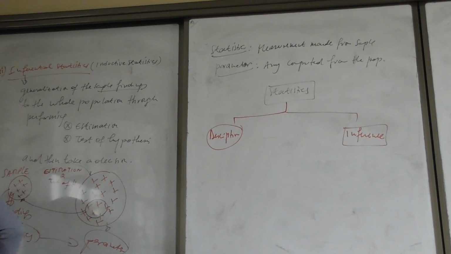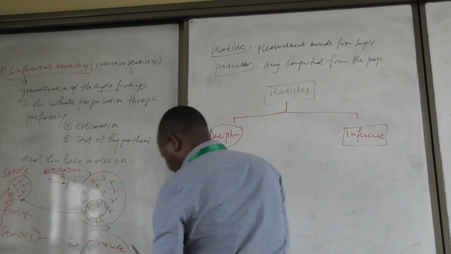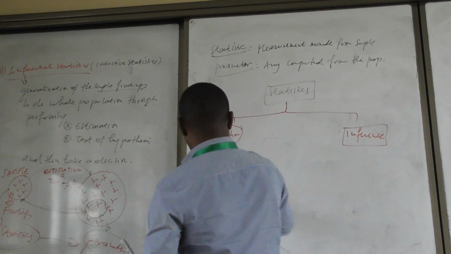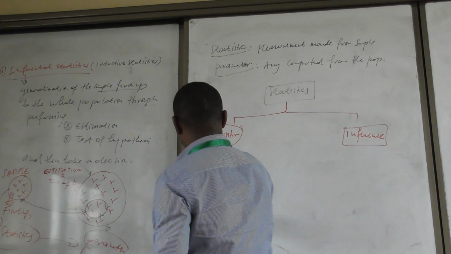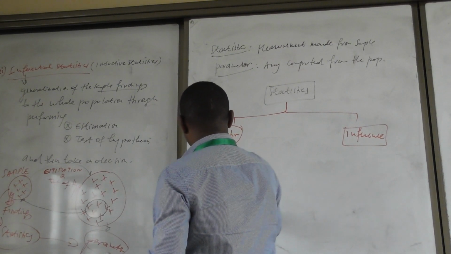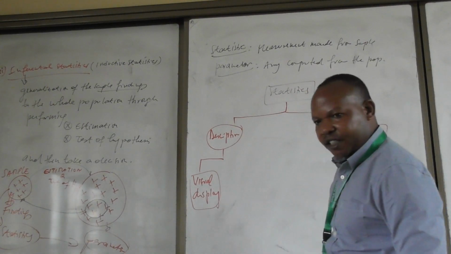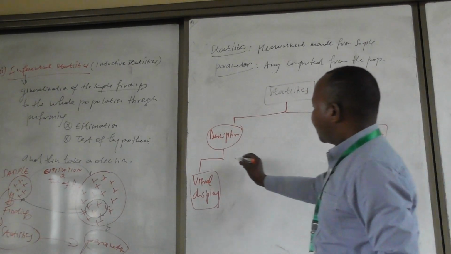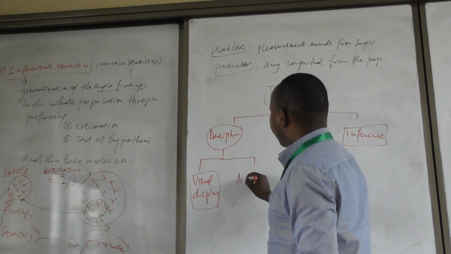When you are doing description, you want to bring a visual display, such as pie chart, histogram, and whatever. And also you can bring numerical summaries.